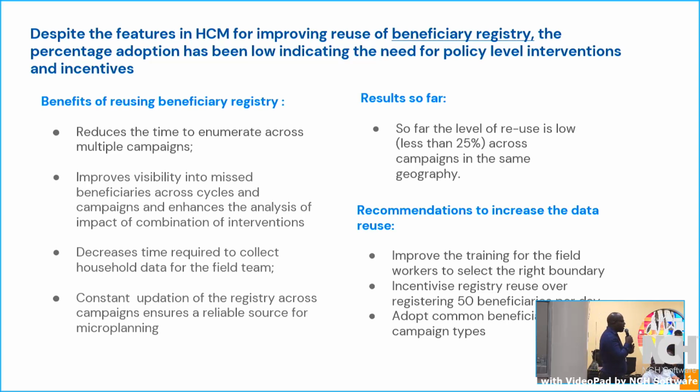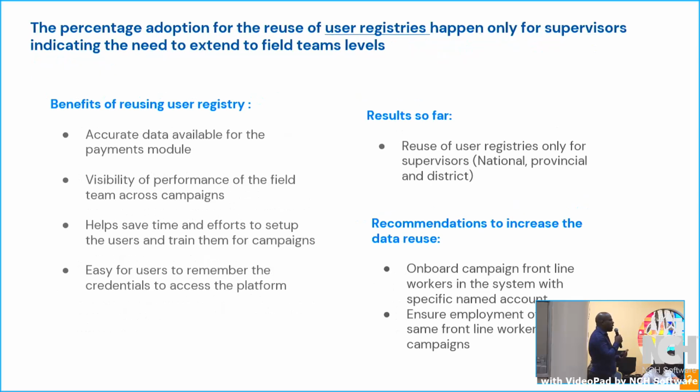The reuse of data depends on whether you are able to search for them. Although we have search by proximity and other options, if you have a beneficiary ID, that makes it easier to find the households and the beneficiary, and also update that data. So the last recommendation is to implement this unique identification of beneficiaries, so that we can reuse those data.